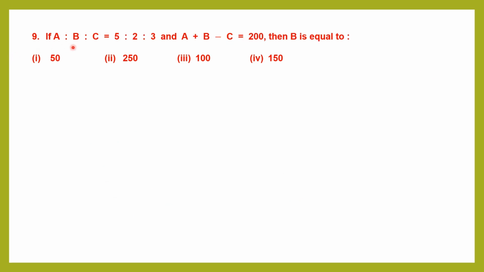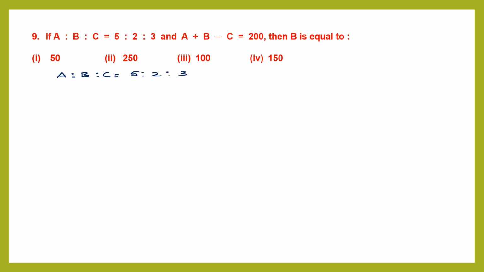Question 9. If A is to B is to C is equal to 5 is to 2 is to 3 and A plus B minus C is equal to 200, then here also we are asked to find the value of only B. So let's take this ratio first and write it down. A is to B is to C is equal to 5 is to 2 is to 3.